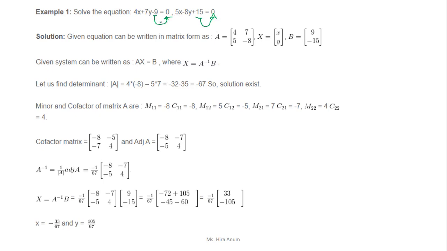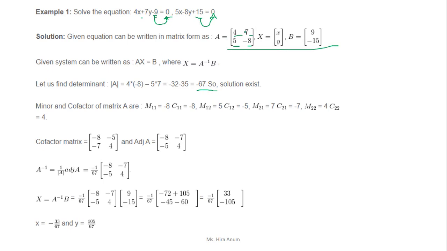You can write A as 4, 7, 5, minus 8. X will be x, y, and B equals 9, minus 15. Taking the determinant of this, it equals minus 67.